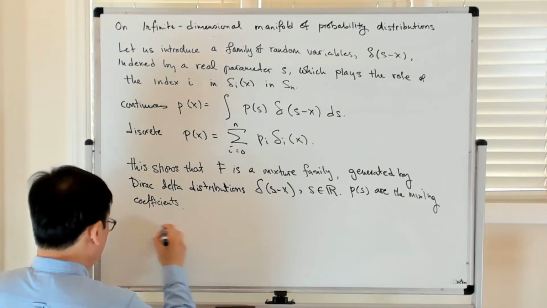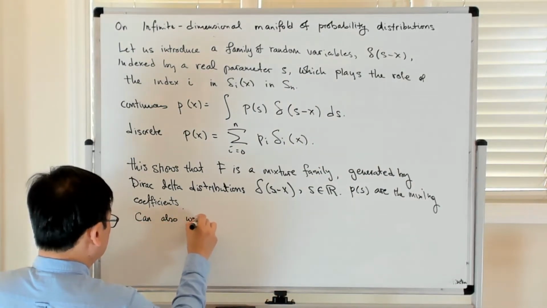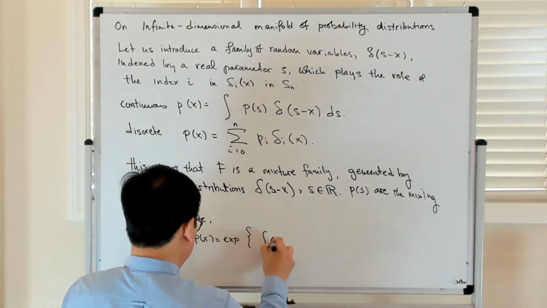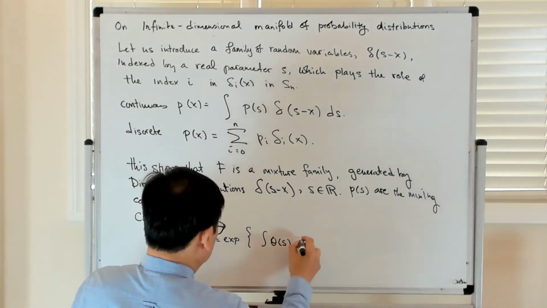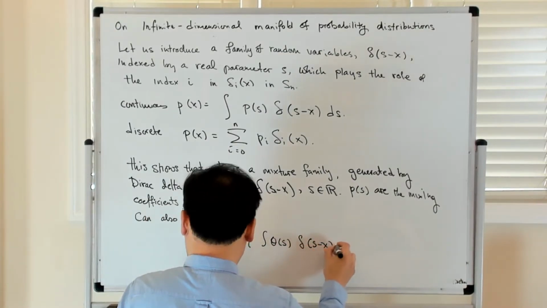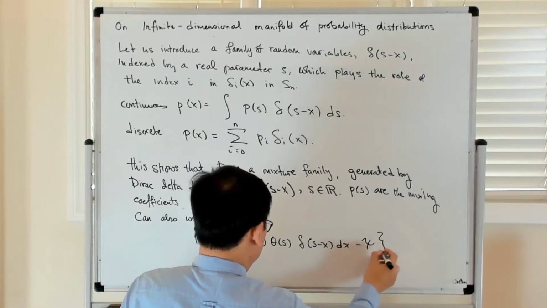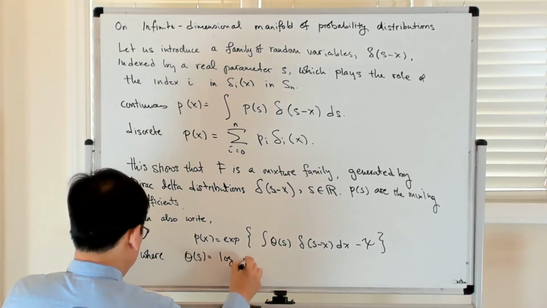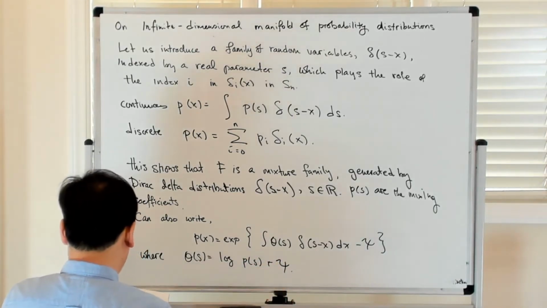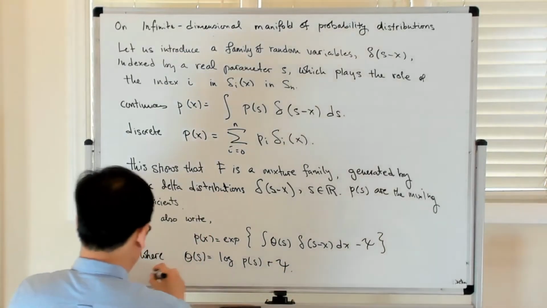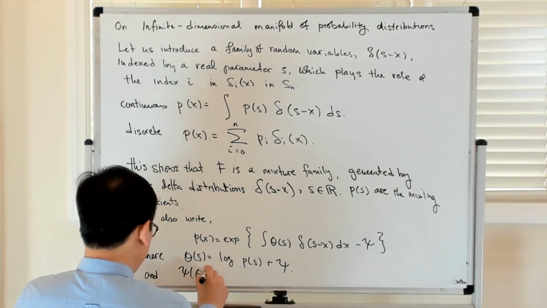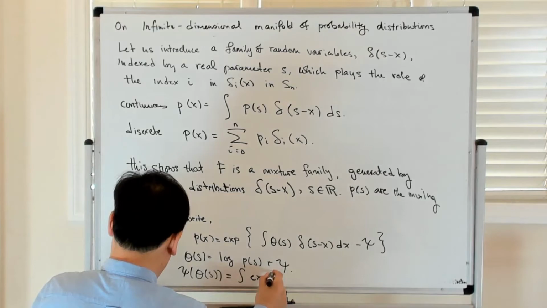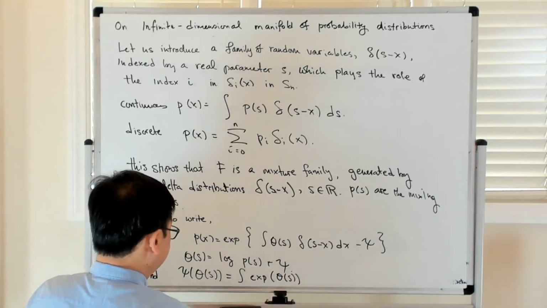So I can also write this probability distribution as the exponential of the integral over theta of s delta(s minus x) dx minus this normalization factor, where theta of s is equal to log p of s plus the normalization factor, and this, which depends on theta of s, is the integral of the exponential of theta of s ds.